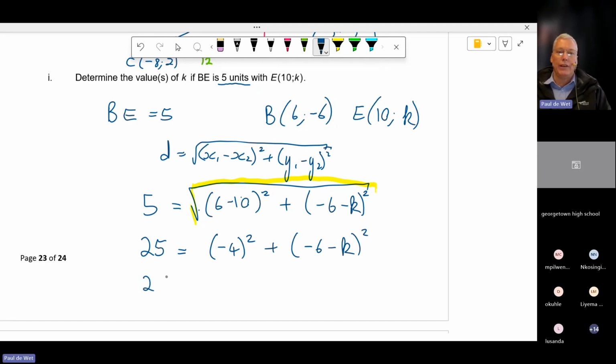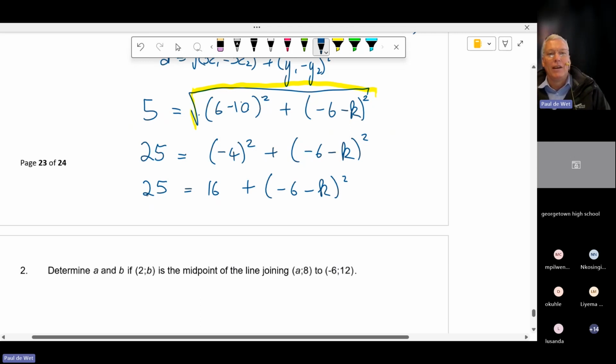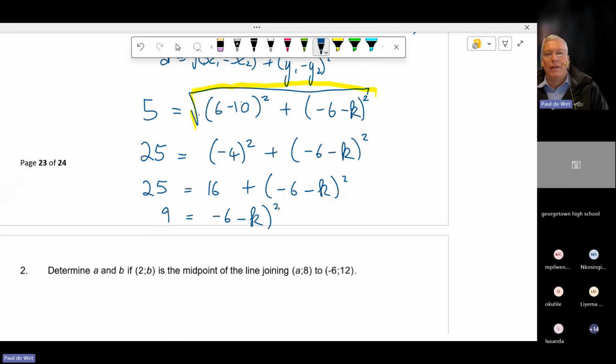This is just 16. What could I do next to both sides? I could subtract the 16 from both sides and I get 9. Now, we can choose.